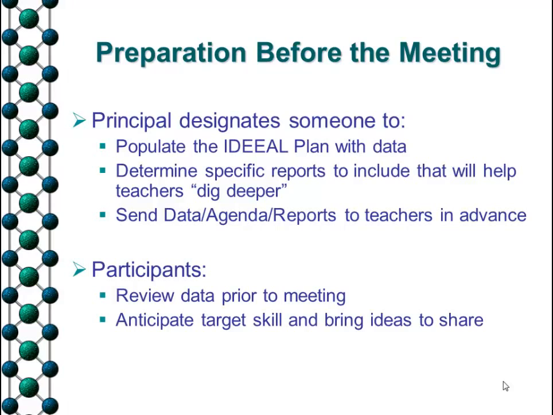We want to think in terms of skills that are on a continuum, and we don't want to set our sights too high if there are prerequisite skills needed for some of those higher level skills.